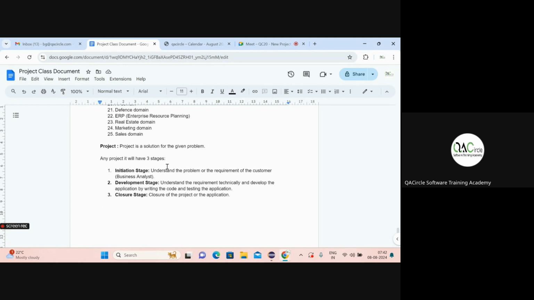In the real-time industry, in software companies, what exactly is the environment, how the environments are made use of, and how you will test a given build or application in different environments, you'll understand it in tomorrow's session. So don't miss tomorrow's session. It would be a really very important session.